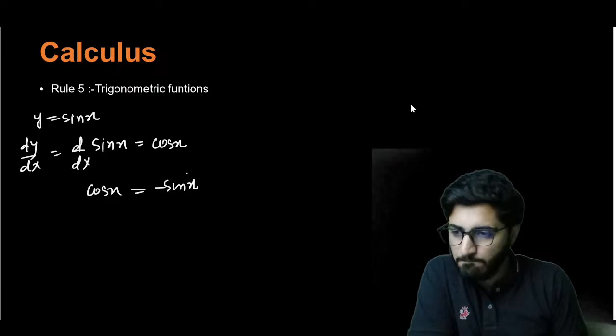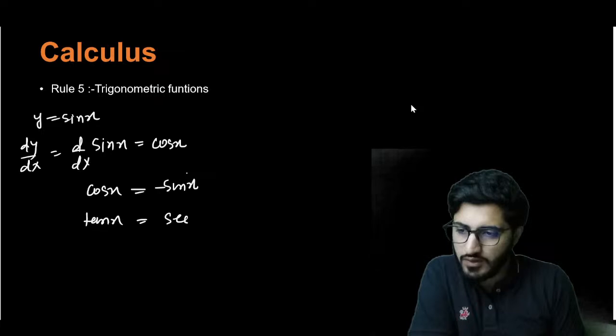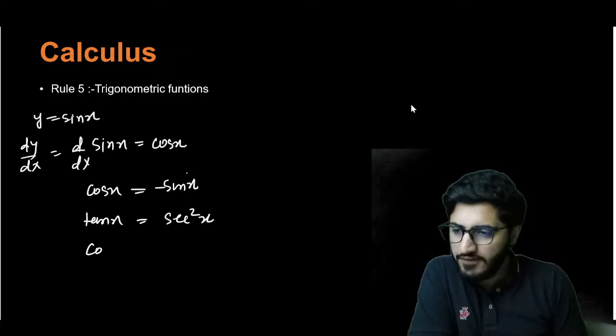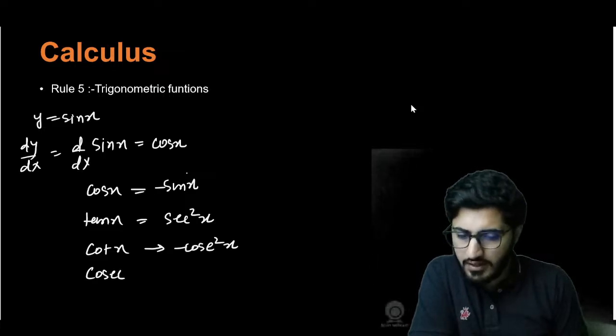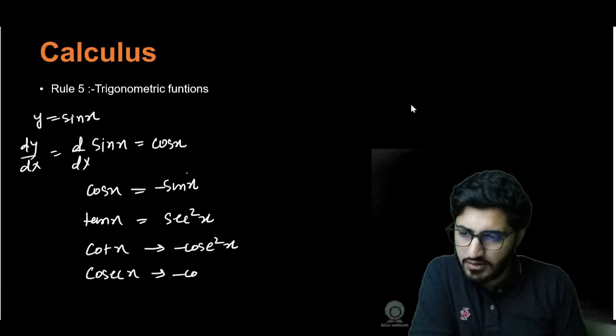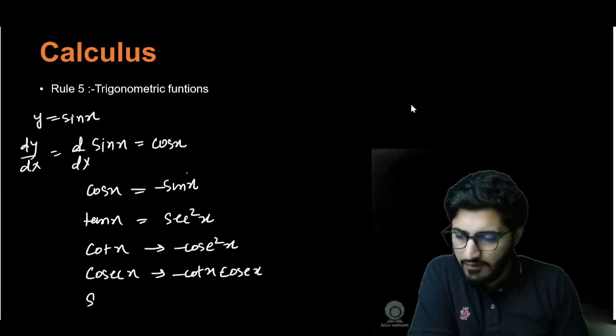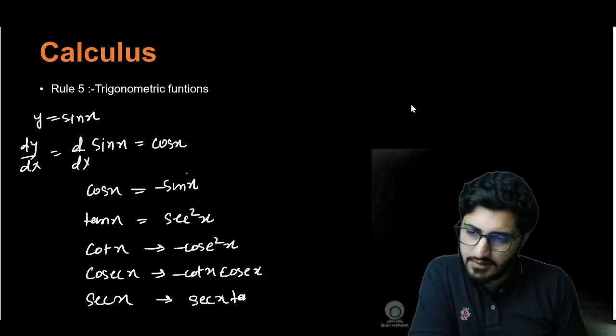And we are having tan x, so differentiation of tan x came out to be sec square x. Differentiation of cot x comes out to be minus cosec square x. Differentiation of cosec x came out to be minus cot x cosec x. And we are having sec x, so differentiation of sec x comes out to be sec x tan x.